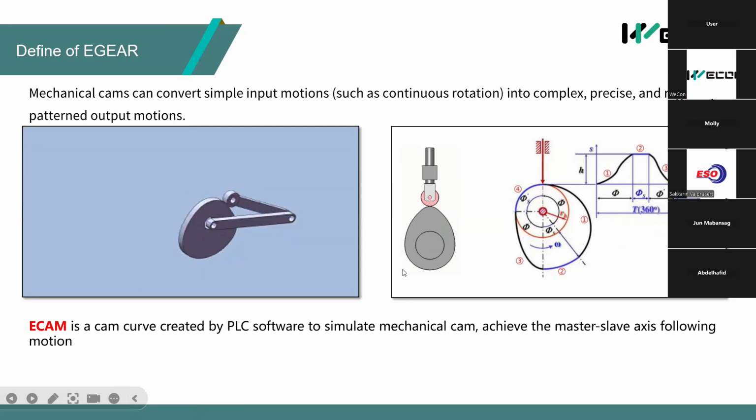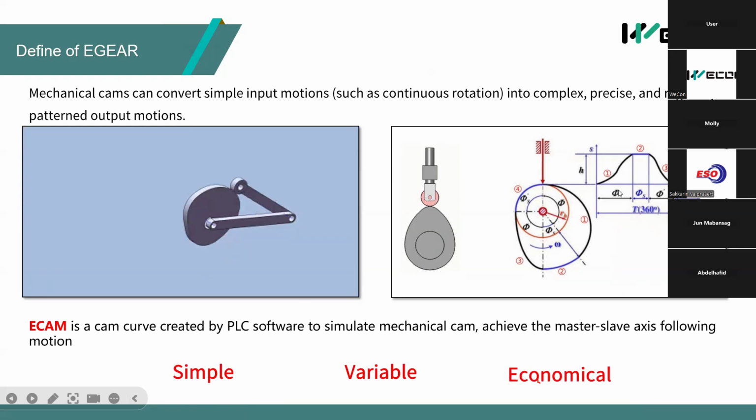And what's the electric cam? Electric cam is we use PLC to create the position relationship between the master and the slave, something like this, to simulate the motion of the machine code cams. So this is the electric cam. Some advantages.